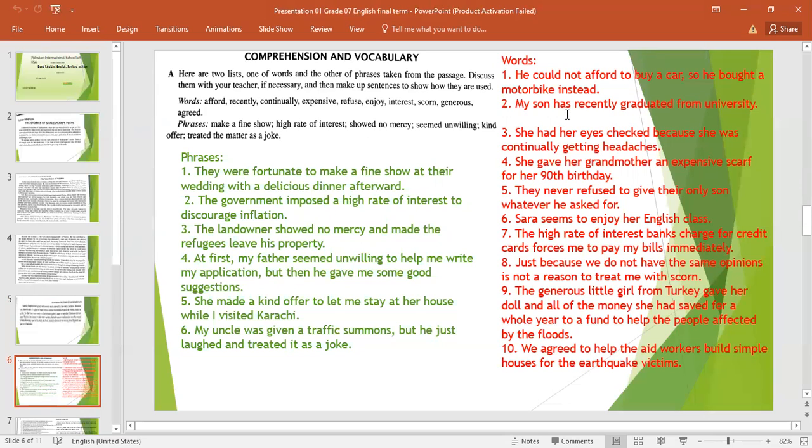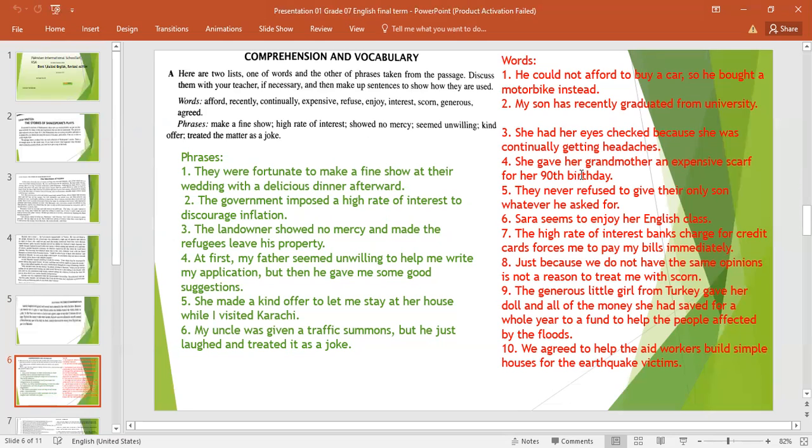The third word is continually. She had her eyes checked because she was continually getting headaches. Number four is expensive.